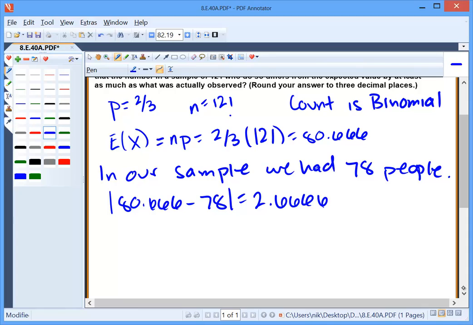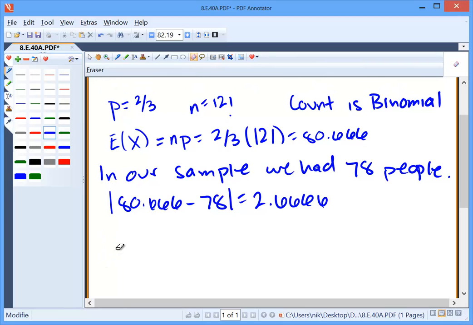Okay, so for us to get a sample that's at least as far from the expected value as what we saw, we need to find the probability that x is less than or equal to 78, because that would be at least what we saw, or worse, further away from the expected value.